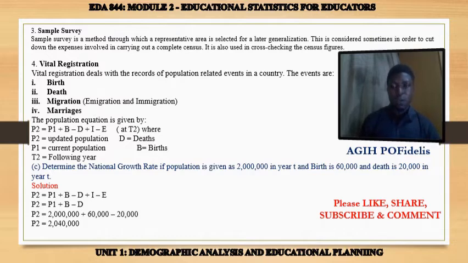Please, you can cross-check this. You can use your calculator to do this calculation quickly: 2 million plus 60,000 minus 20,000, and that will give us the updated population.